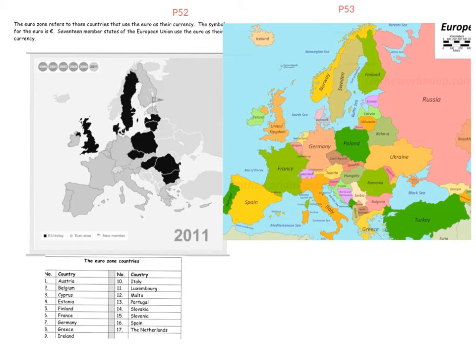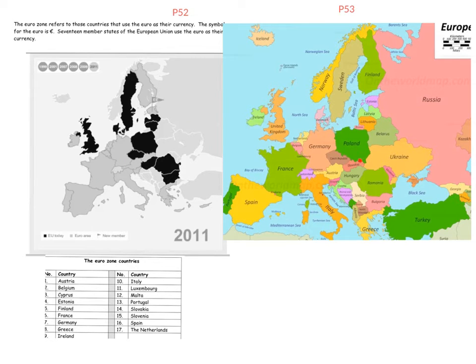Okay, and then if we look at the next page, we have two tables, and I'm giving you the map so that you can fill it in. And the first table is the Eurozone countries, and we need to mark them on the map.